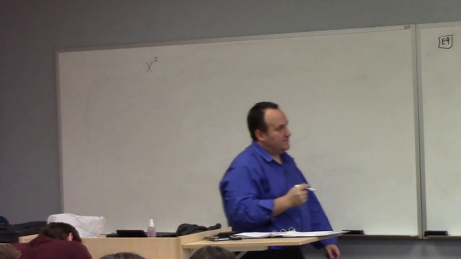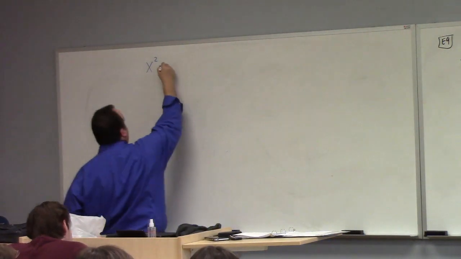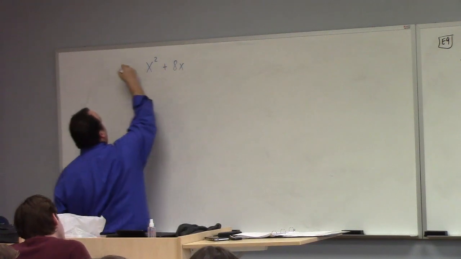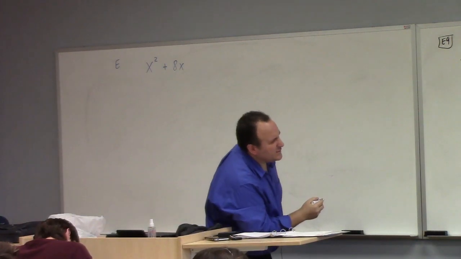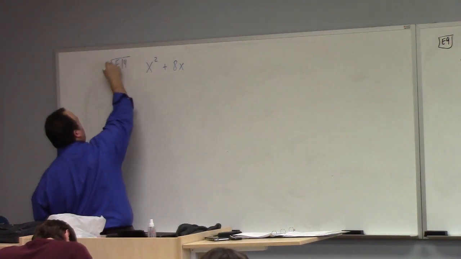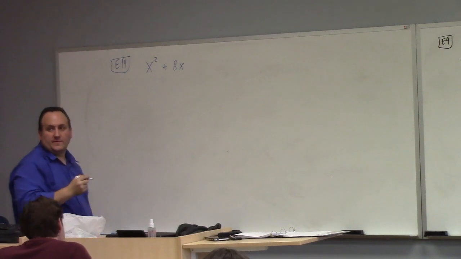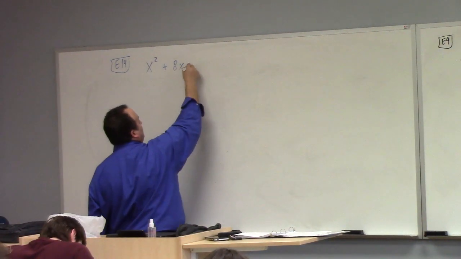What do you want the middle one to be? 8x. All right. Well, that was nice. Thank you. What example are we on? I keep losing track. Are we 14? 14. What's the question? How about plus 1? Can you factor this?